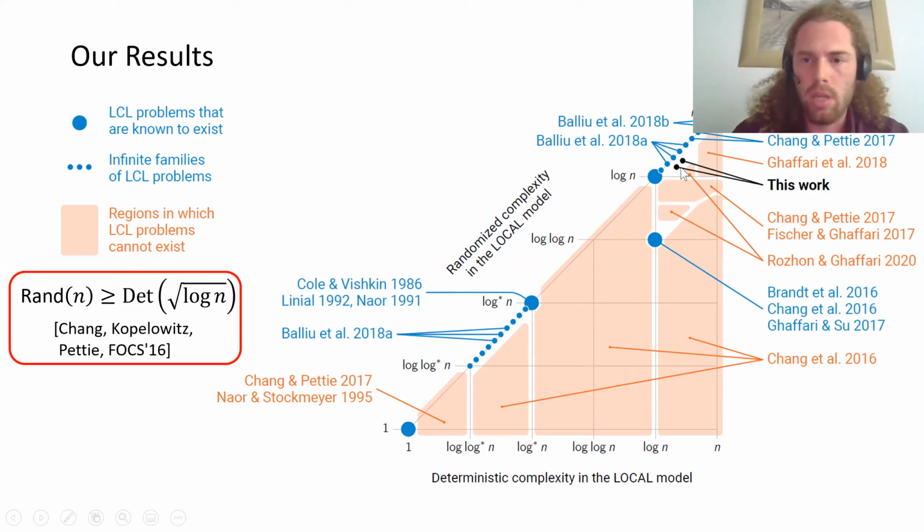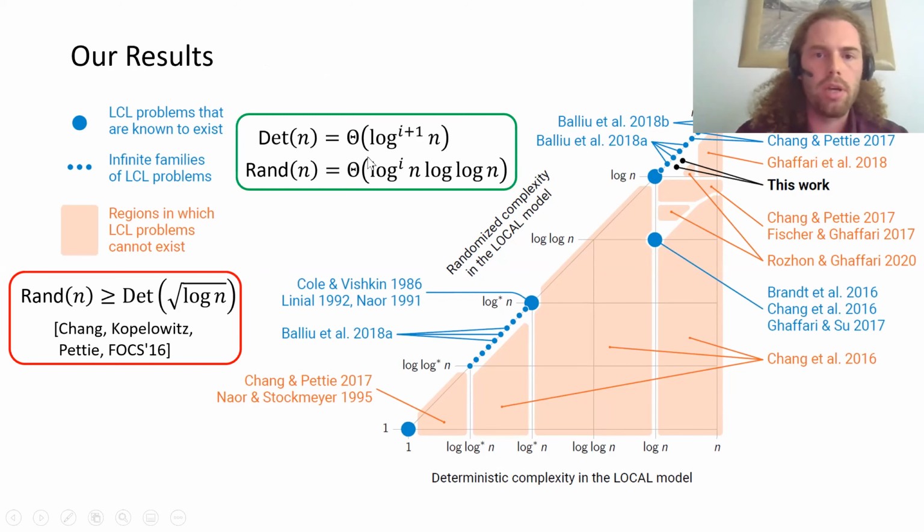There are problems that live in this white region here that profit only polynomially from randomness. And in particular, we show that for any positive integer i, there are LCL problems with deterministic complexity log to the i+1 of n, and randomized complexity that is the same, just we have replaced one log n factor by a log log n factor.